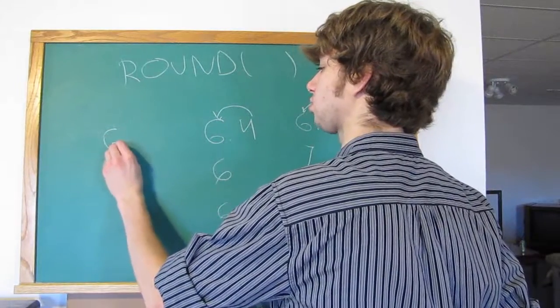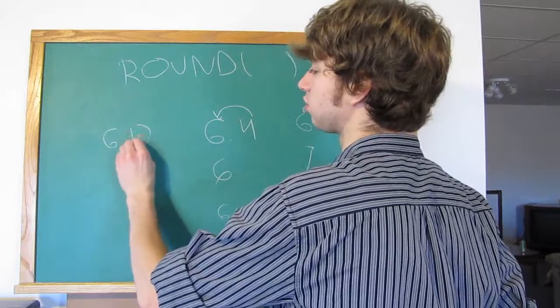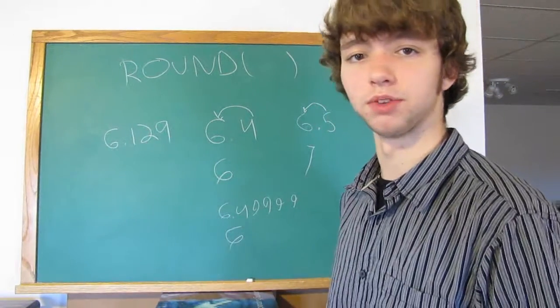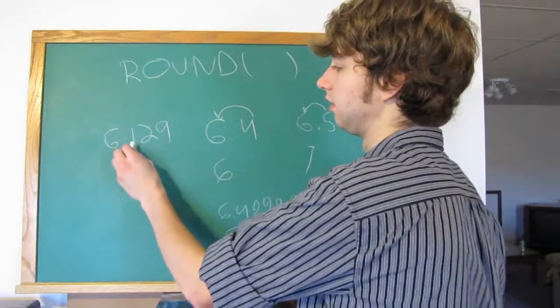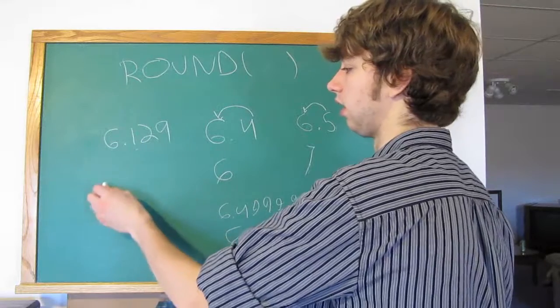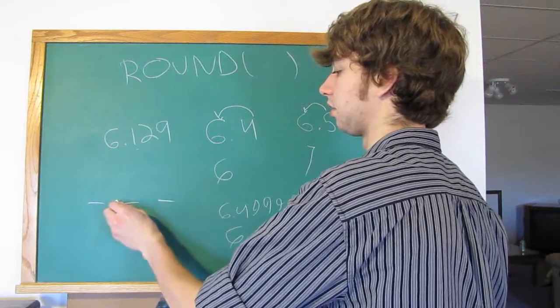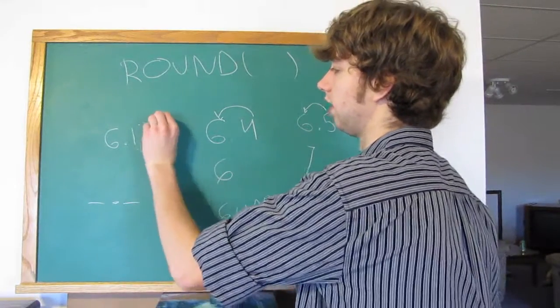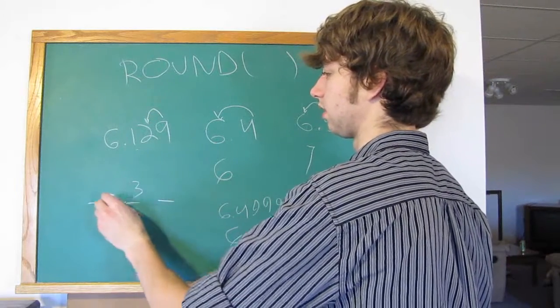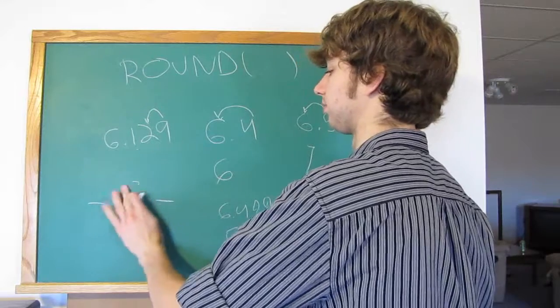We have 6.129, right? And we want to round this to 2 decimal places. The numbers after the little dot, the decimal: 1, 2. So we want a number in the form of this. The 9 rounds the 2 up to a 3.